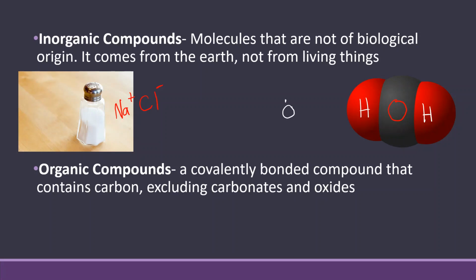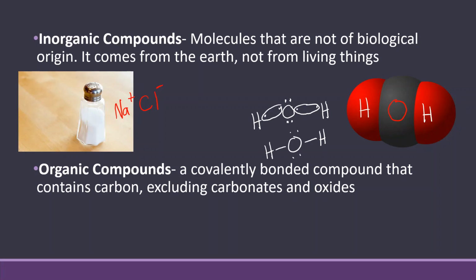Oxygen in the middle has 6 valence electrons, or outer electrons, and each hydrogen on the sides has 1 valence electron, and they decide to share those, forming covalent bonds.